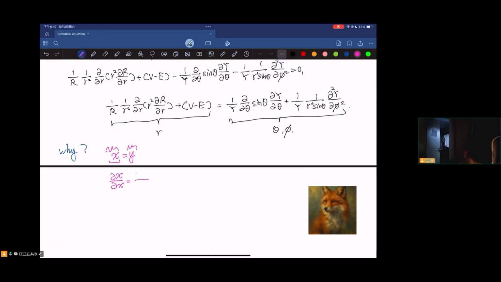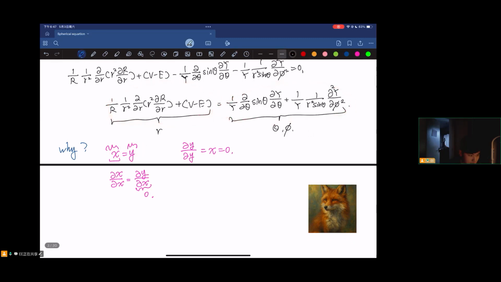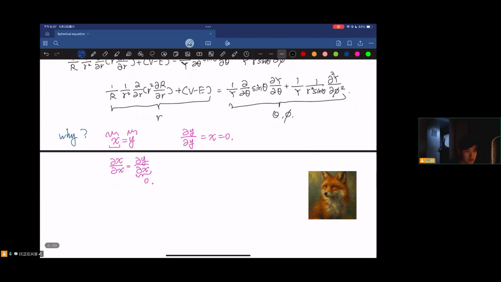Well, if I take the derivative of x, I'll find that the right side is 0. So basically this function is not changing. And if I take the derivative of the right side, well, I'll find the same thing. So they're pretty independent. So the left side of the equation and the right side of the equation, they're independent, so they must equal one constant.